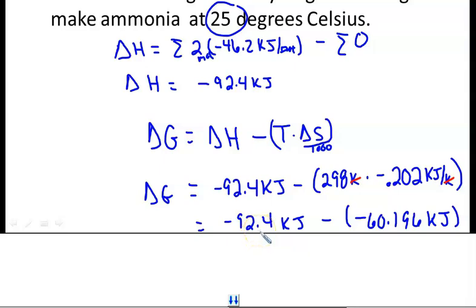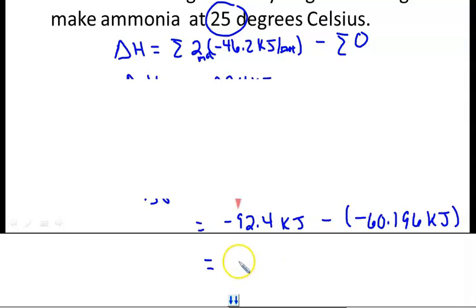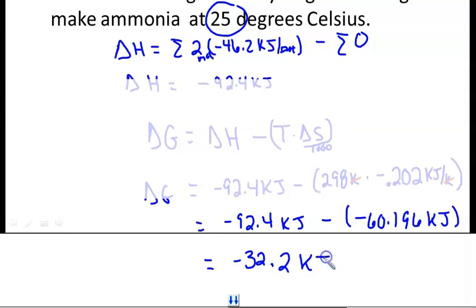That's kind of important because I want you to see that both of these are negative here. But my temperature wasn't great enough to make this number big enough to overcome this. So at this lower temperature, we're still going to get a negative value of negative 32.2. I think it's 0.15, but for sig digs, 32.2 kilojoules.